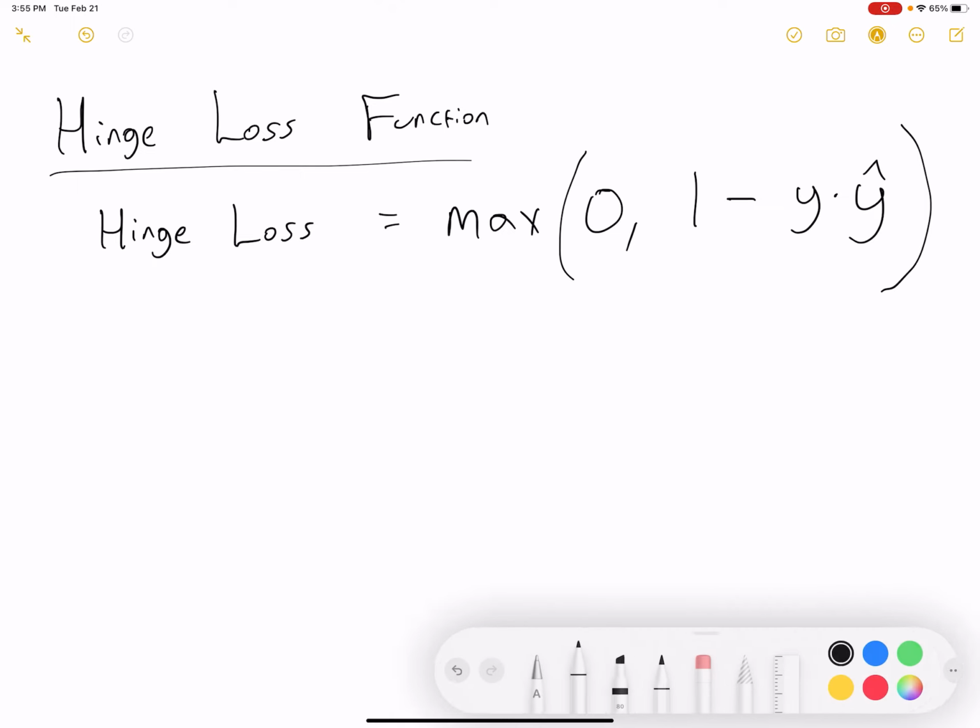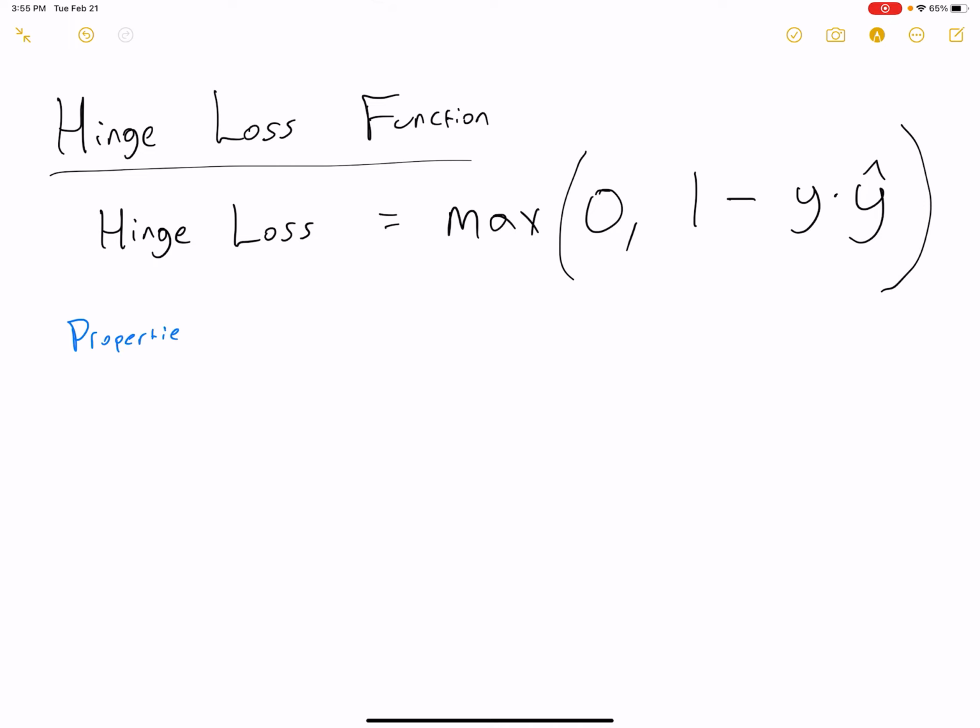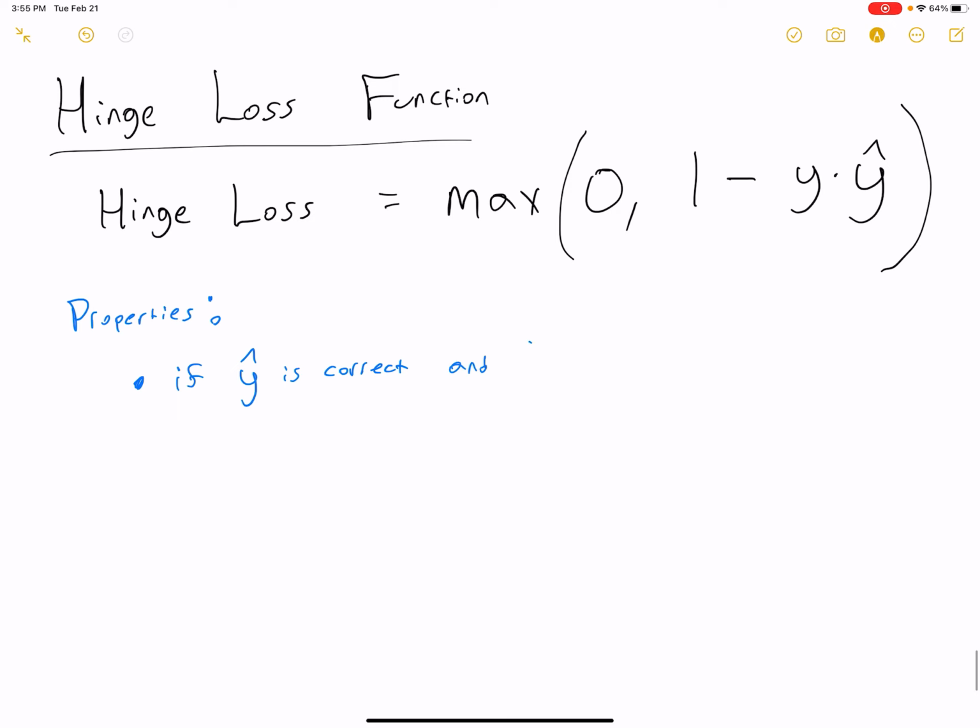So the properties of the hinge loss are that if we make the correct prediction, so if y hat is correct, but the absolute value of y hat is greater than or equal to 1, which means we're really in our margin. We're either way above +1 or way below -1.